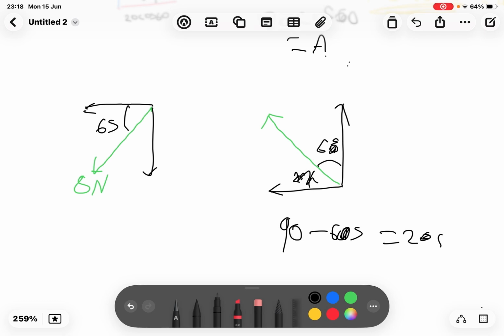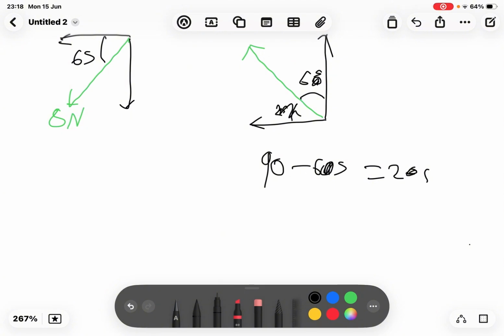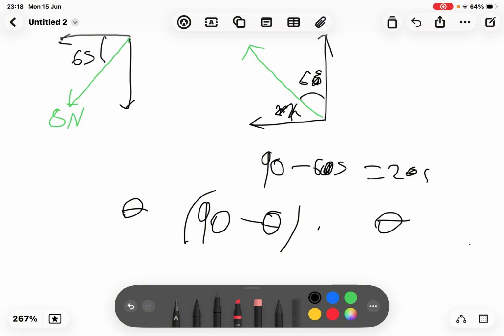No, because let's say in the exam it's much easier. Let's say you weren't given theta. You can't write 90 minus theta. Just use the actual number that you already have, unless it's telling you that that's not the actual number.